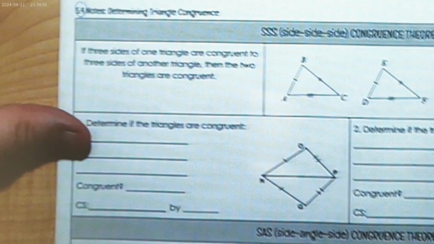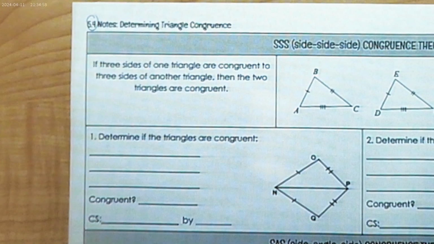All right, start out with side, side, side. If three sides of one triangle are congruent to three sides of another triangle, then the two triangles are congruent.